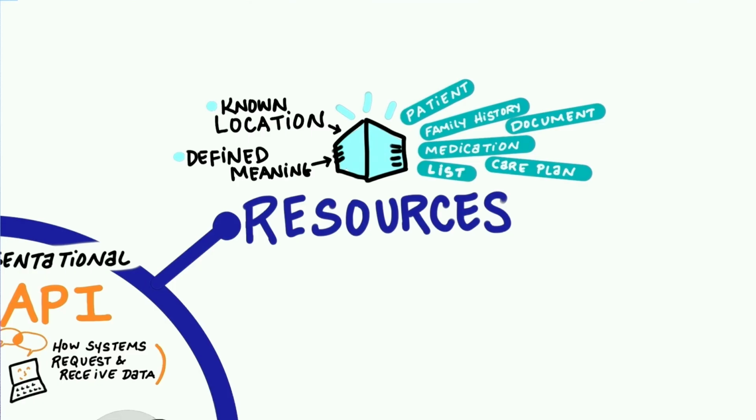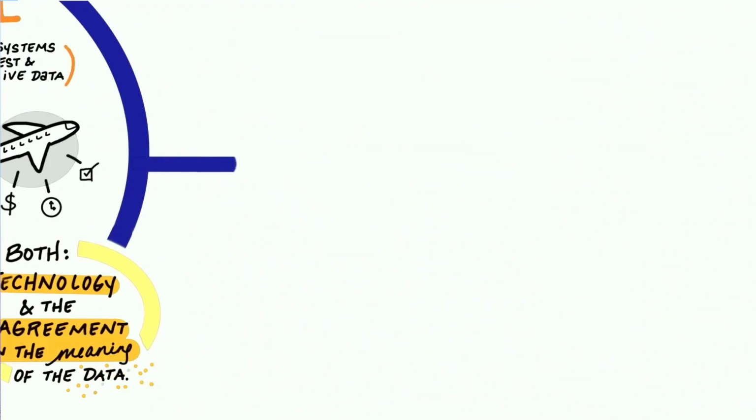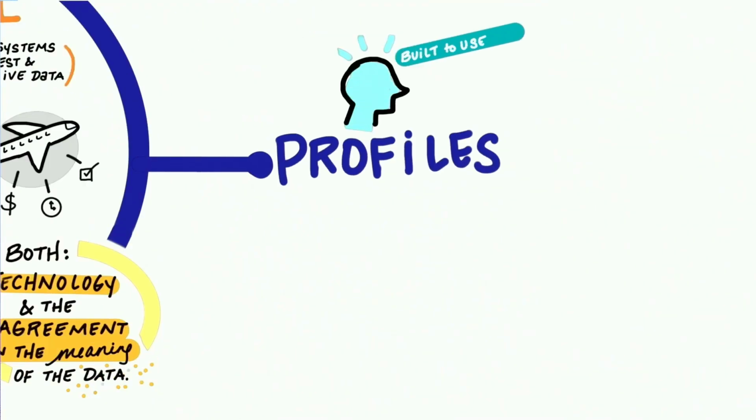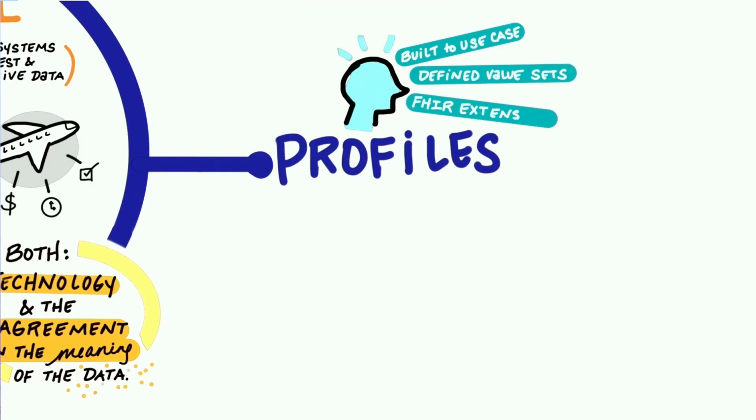And it is a logically discrete data concept, like a patient, a medication, a care plan. It is not a data element. It is every data element you need to define or describe each of those concepts. The second thing to be aware of is FHIR profiles. FHIR profiles are when we customize a FHIR resource for a particular use case.